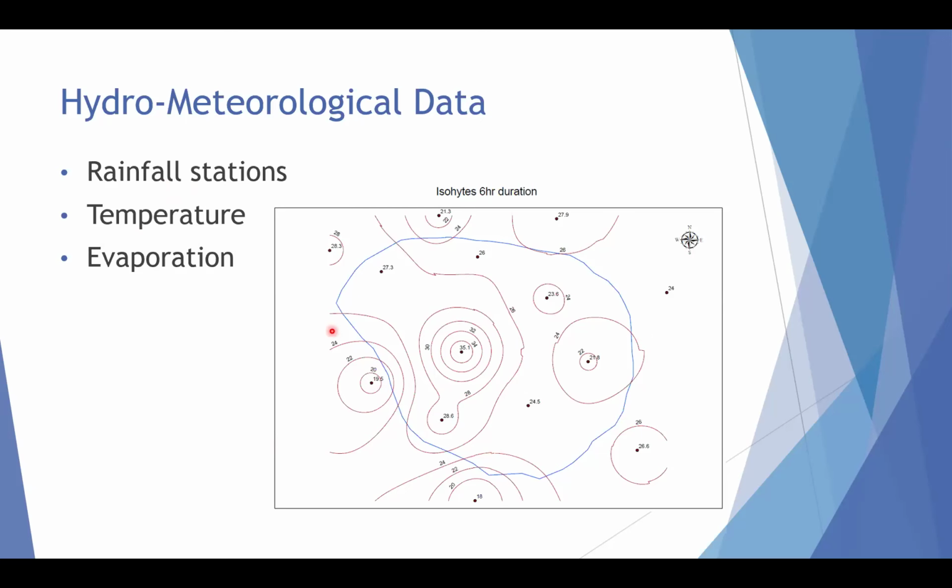We are measuring only at some specific locations. So what I'm trying to say is that these are all representative points where you measure the data, and we need to do pre-processing in order to get the spatially distributed rainfall, temperature, evaporation, etc.